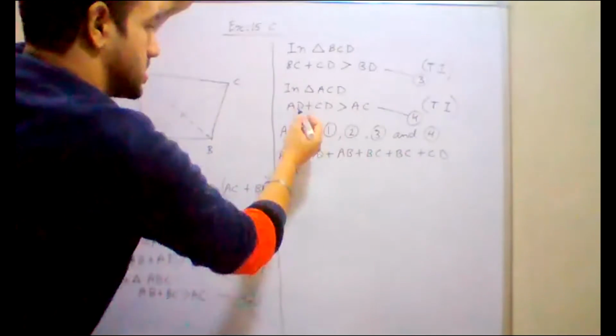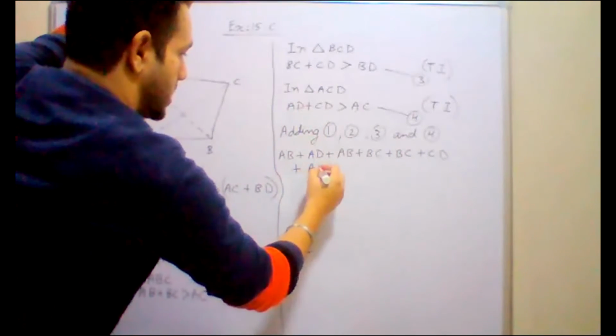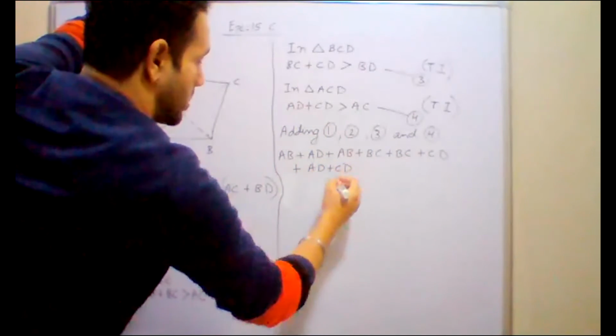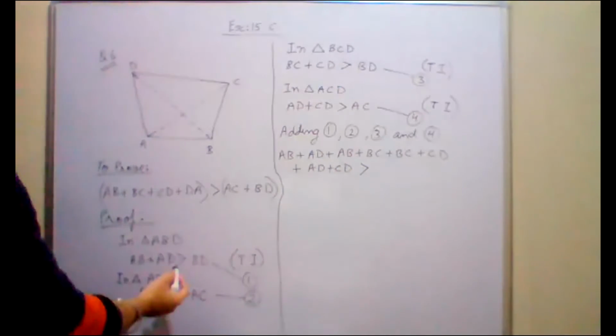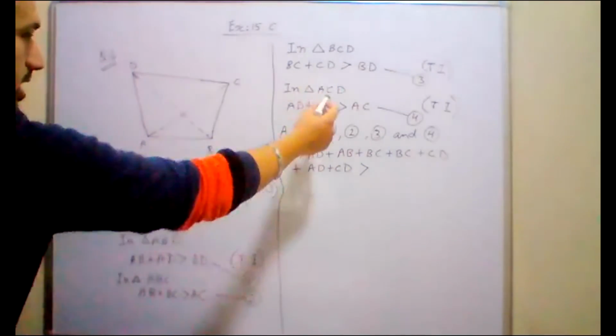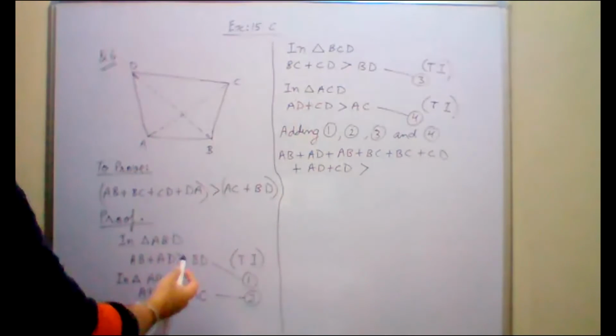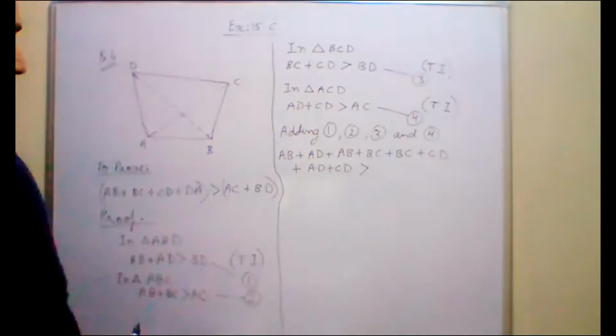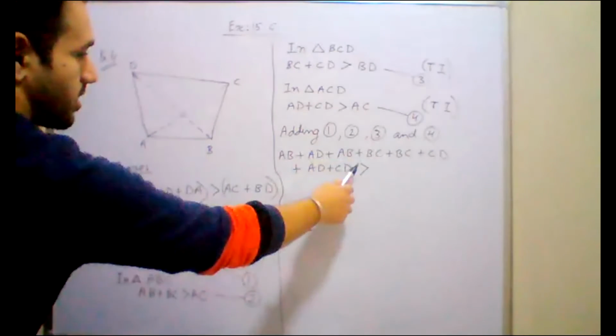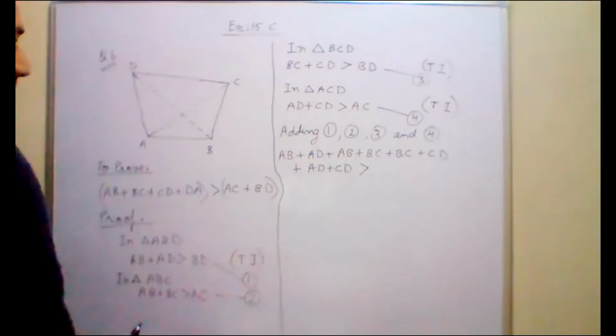Fourth one, the LHS is AD plus CD. All this is greater than; everywhere there is a greater than sign in between. So first we added the LHS of all the four, and then put a greater than sign.